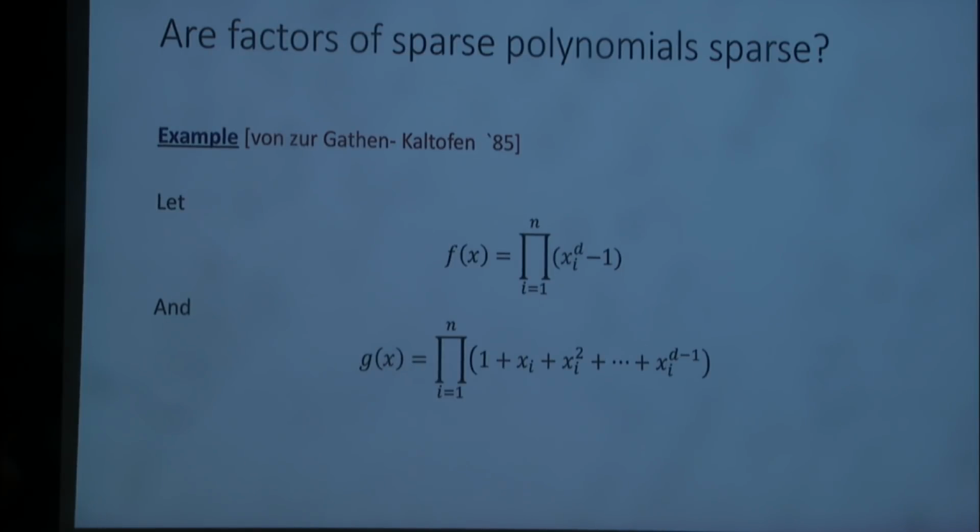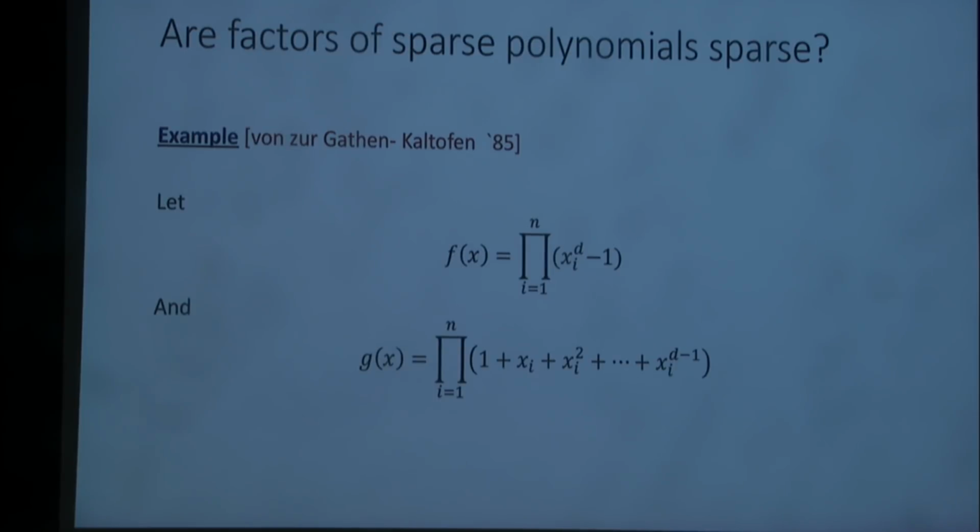But yes? Do you consider the field, the ground field here? Because for instance, for one variable it is very different. Yes. So the factors over Q. So good. The field is an interesting question. So whatever I will talk about will be field independent, but definitely the field does play a role.